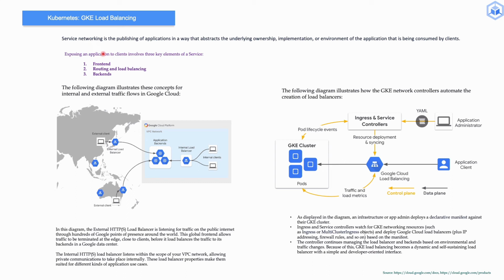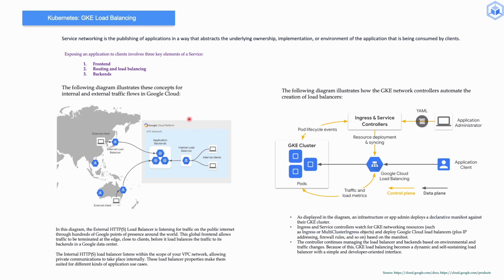Exposing an application to clients involves three key elements of a service: front end, routing and load balancing, and back end. And that's true for any service, right? You have a front end, you need to know how to route and load balance your request, and then manage the backends. The following example illustrates these concepts for internal and external traffic.